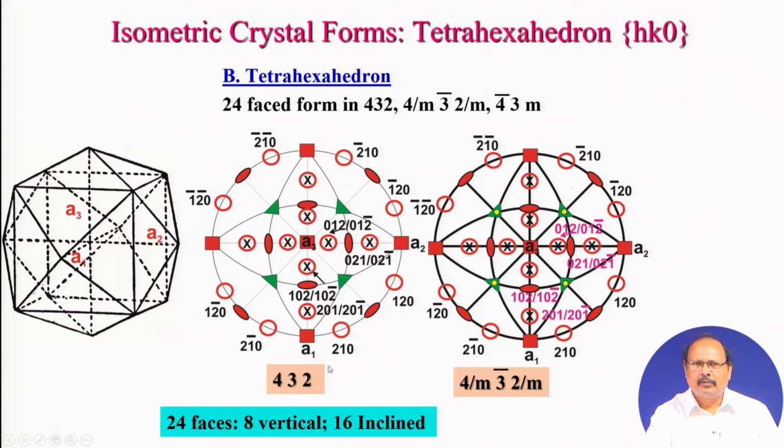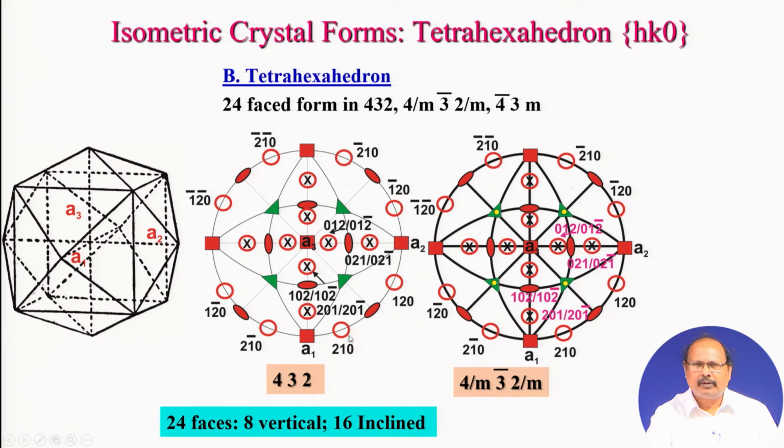So, with the starting form symbol 2 1 0 in the 2 3 and 2 over m bar 3 point groups, you have 12 pentagonal shaped faces generated. We call it paritohedron.